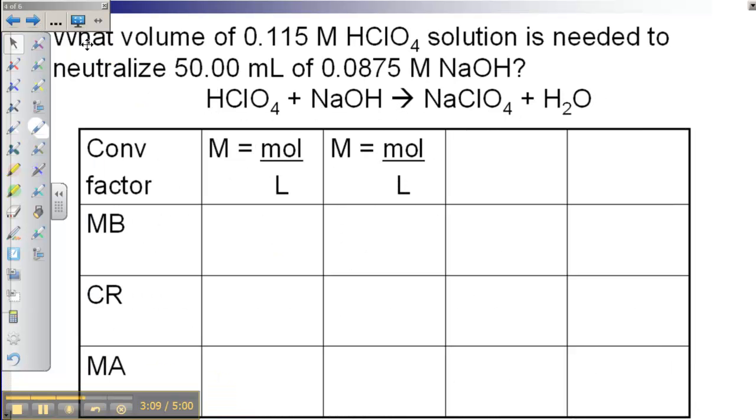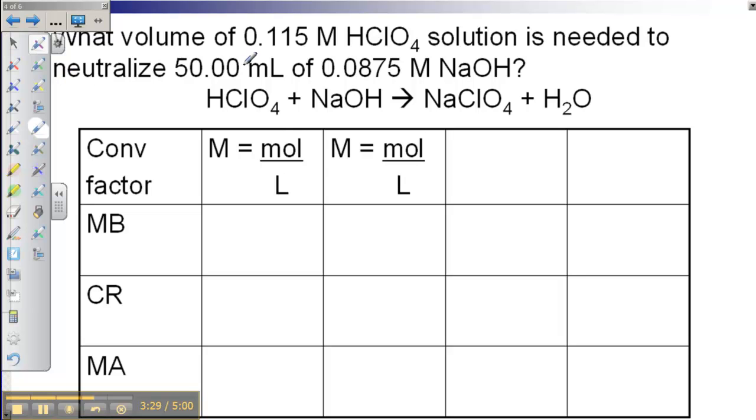So here's a typical problem. What volume of 0.115 molar perchloric acid is needed to neutralize 50 milliliters of 0.0875 molar sodium hydroxide? For this particular problem, because we have the molarity of both of our solutions, that is going to be our conversion factor here.